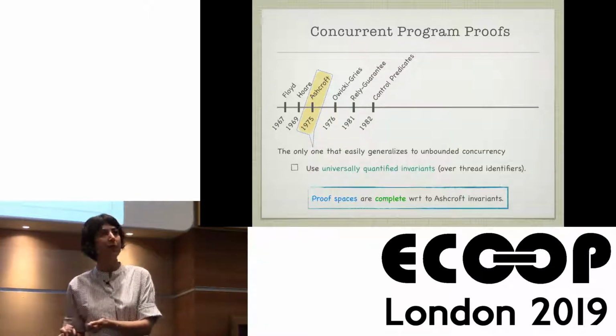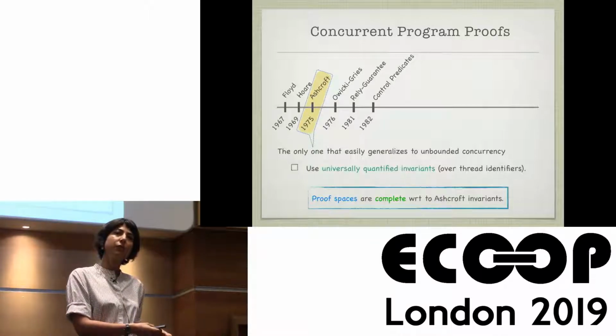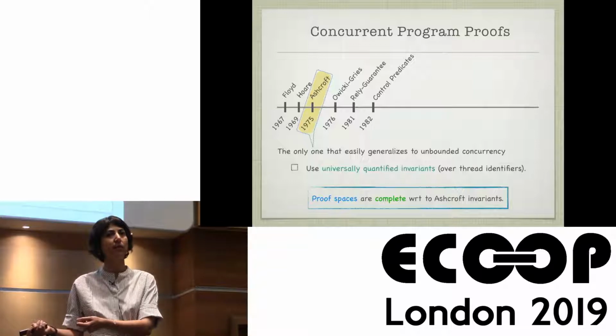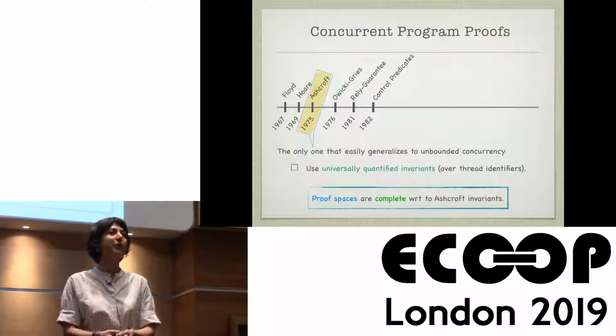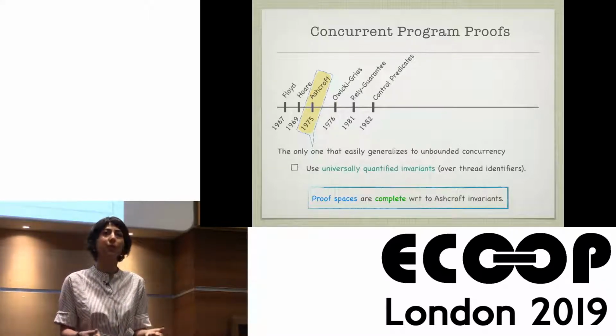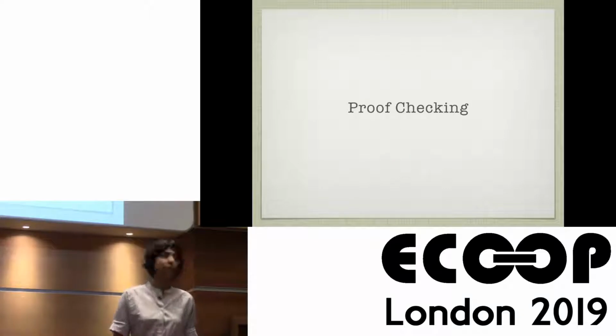Whenever you have a proof of that sort, there is a corresponding proof space that basically proves the program correct. So anything that can be proven that way can be proven this way as well. So we know that this is not just some random invented thing. It's actually concretely tied to something that people would use otherwise for this sort of proofs.